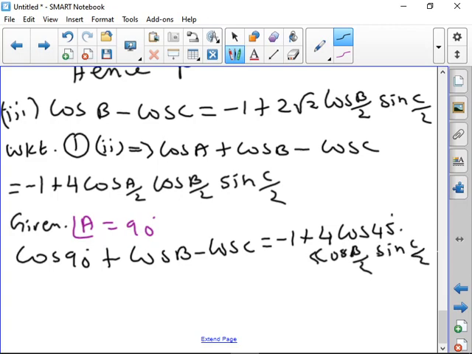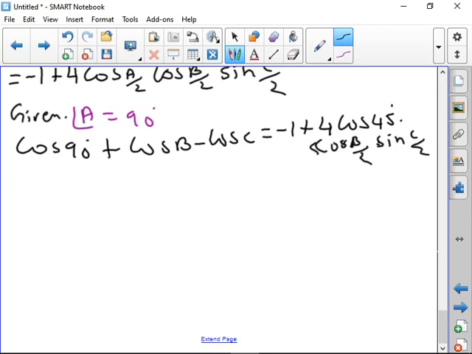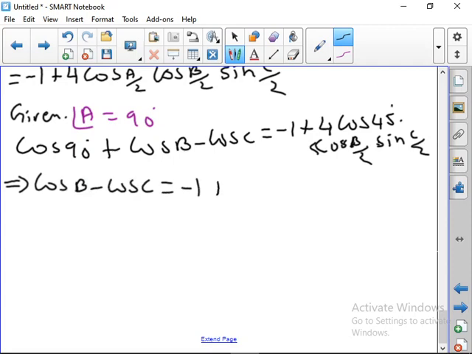Okay, this we have. So now what is cos 90? Cos 90 is 0. Therefore what we have, cos b minus cos c is equal to minus 1 plus 4 into cos 45 is 1 by root 2, 1 by root 2 into cos b by 2 into sin c by 2.